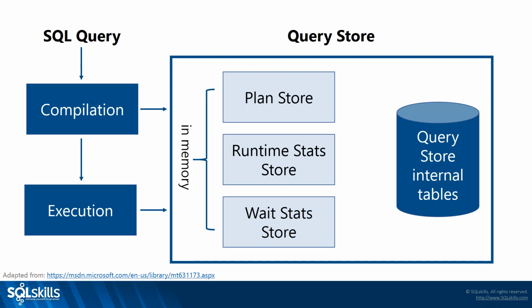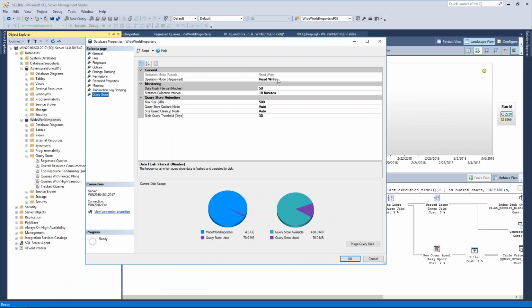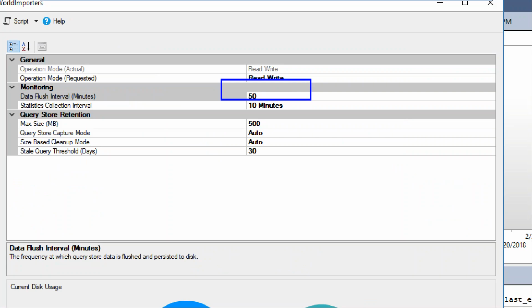So the optimization here is that the information is held in memory and gets flushed asynchronously to those Query Store tables. The data flush interval setting that we looked at determines how frequently the data gets flushed from memory out to disk.